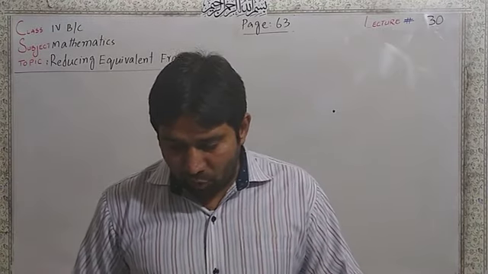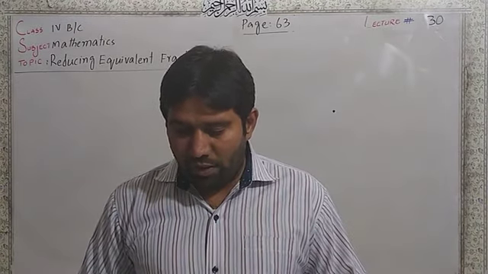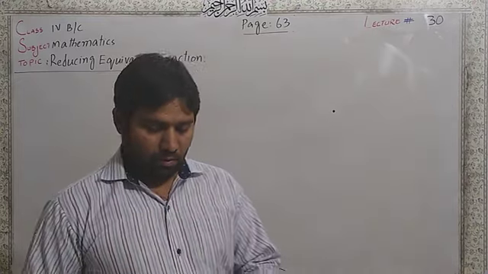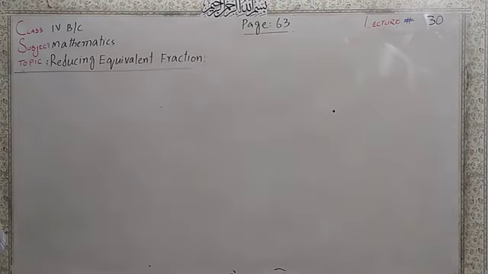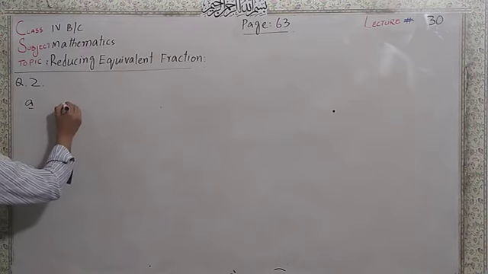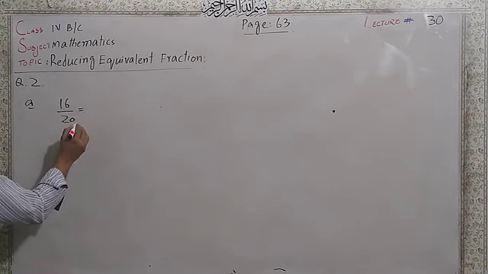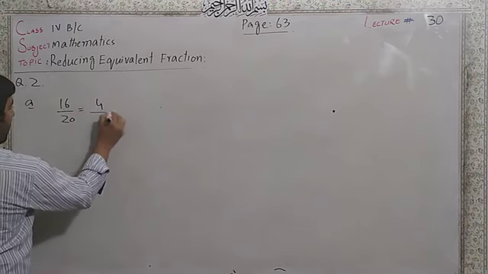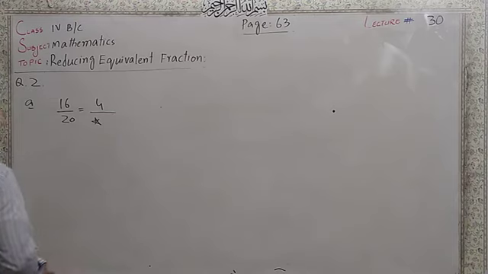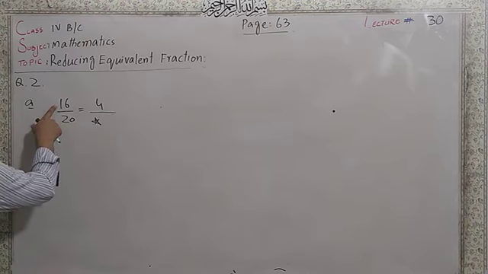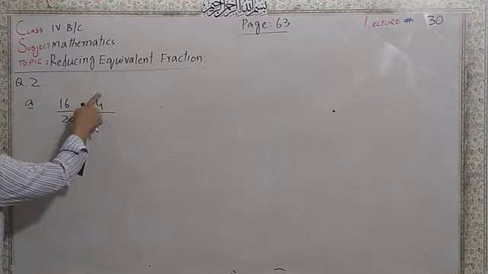Next, question number 2 is complete these equivalent fractions. Question 2, part A. See that this is 16 is equal to 4 over something.